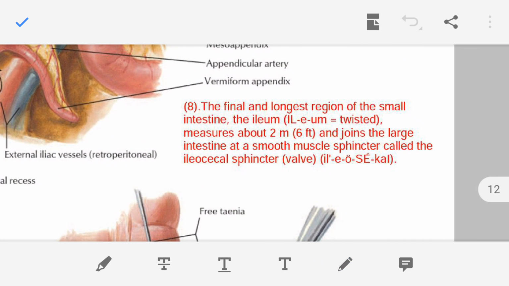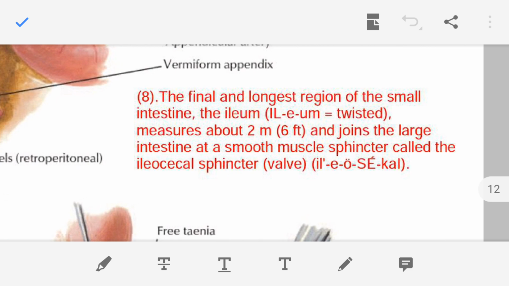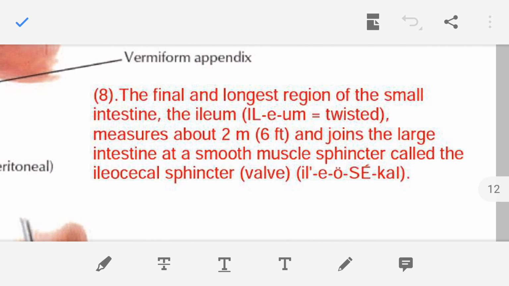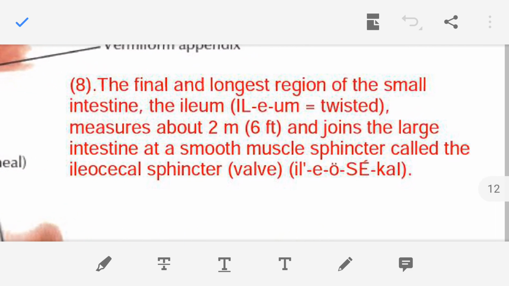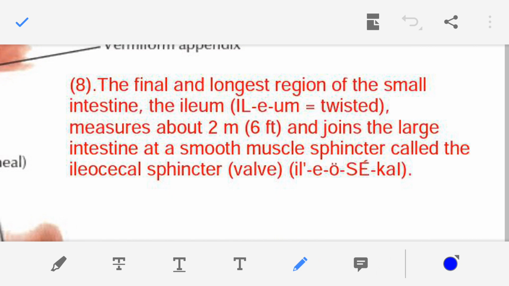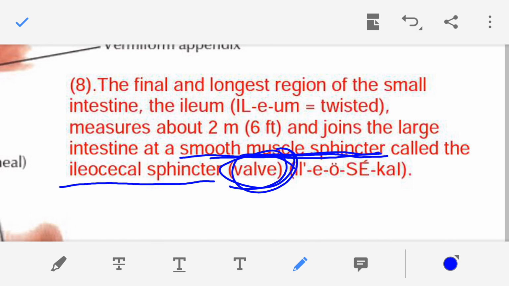Here, one more thing is that when the ileum opens into the large intestine, that opening is guarded by a smooth muscle sphincter, and this smooth muscle sphincter is actually a valve, known as the ileocecal sphincter.